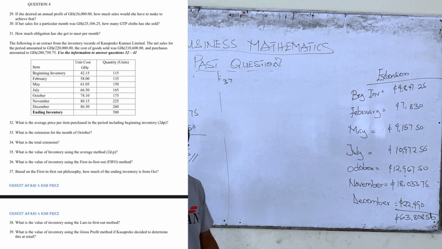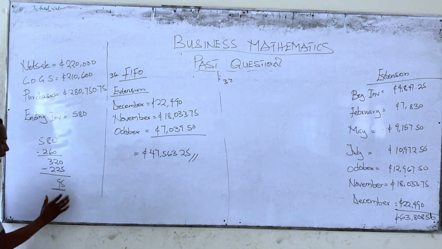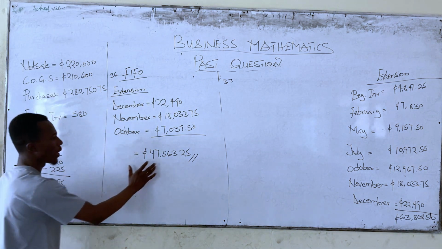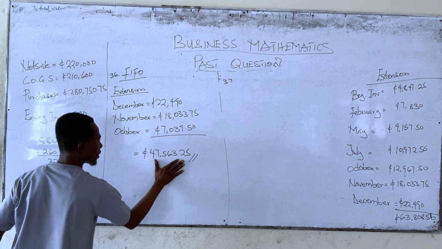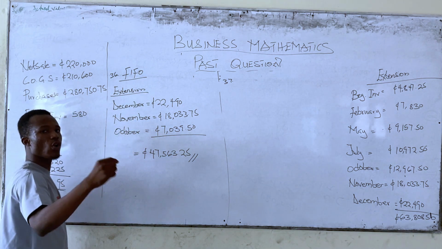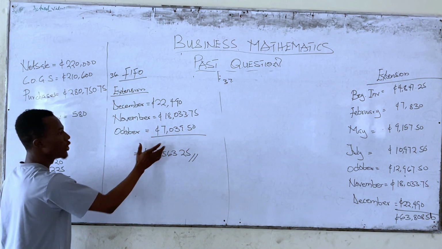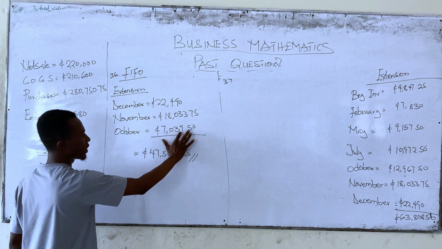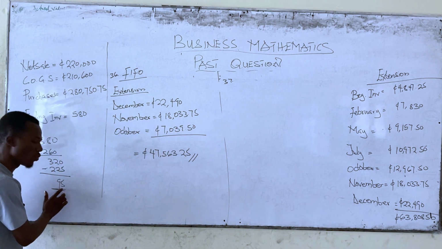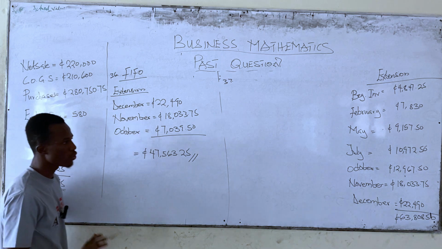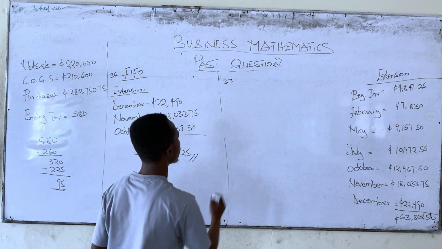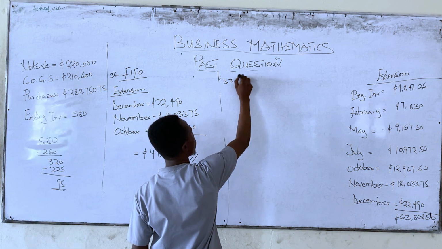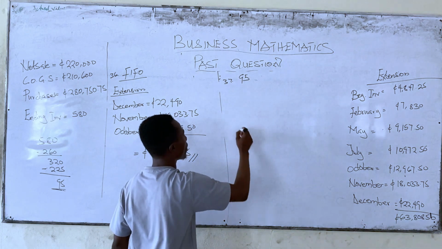Now from this principle, how many units did we use to calculate the extension for October? We used only what? 95. So you don't say 175, you say 95. So the answer for 37 is 95.